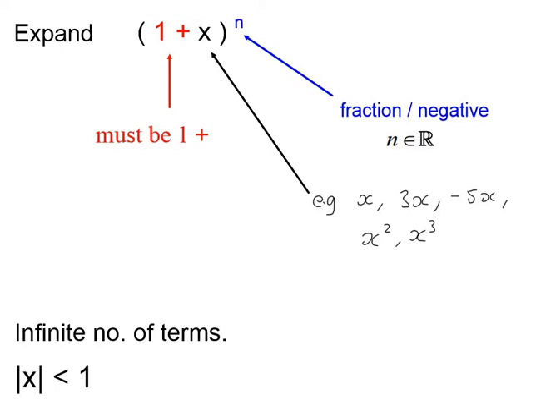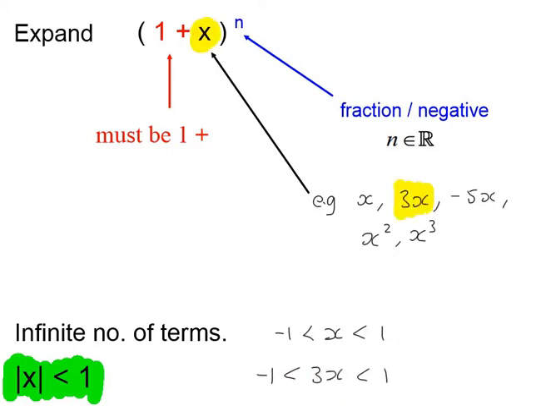Now, for the expansion to be valid, this condition must be true. In its simplest form, it's saying that this term x must be between minus 1 and plus 1. But if we were using 3x as an example, then this must be true. And if this is not true, then the expansion would not be valid.